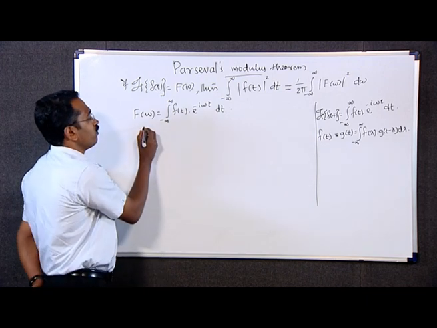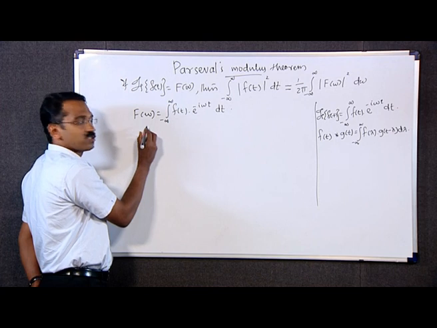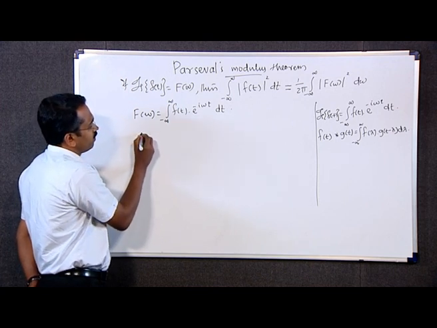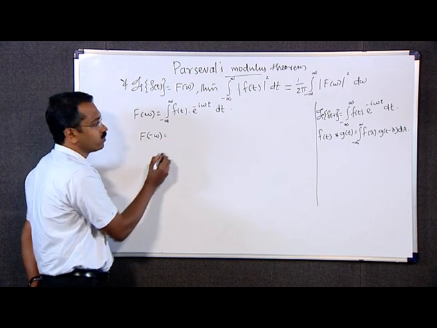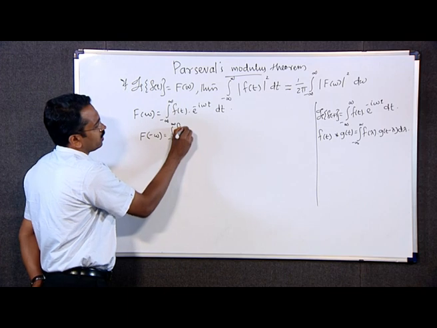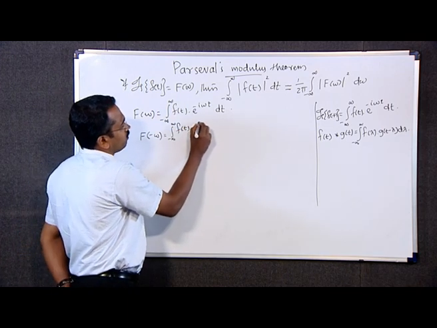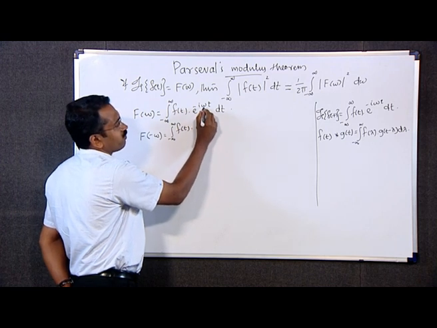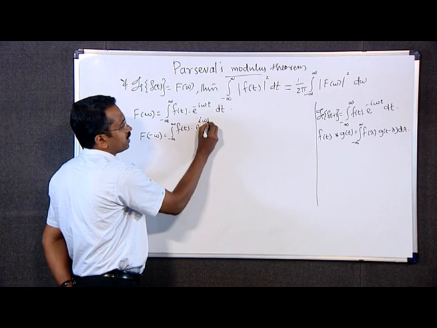Now, we are replacing the variable omega by minus omega. We can write this as F(minus omega) equal to the integral from minus infinity to infinity of f(t) into e raised to minus i of minus omega t, that is e raised to i omega t dt.